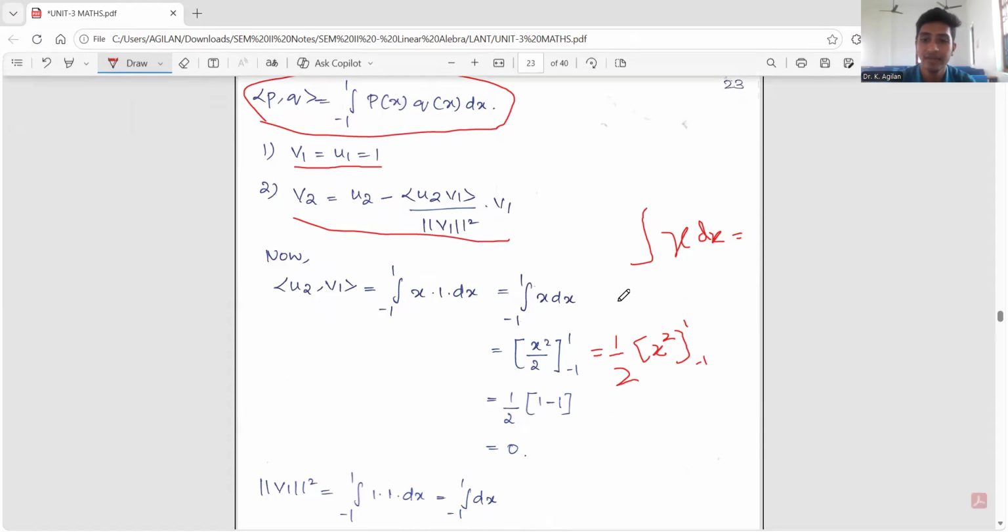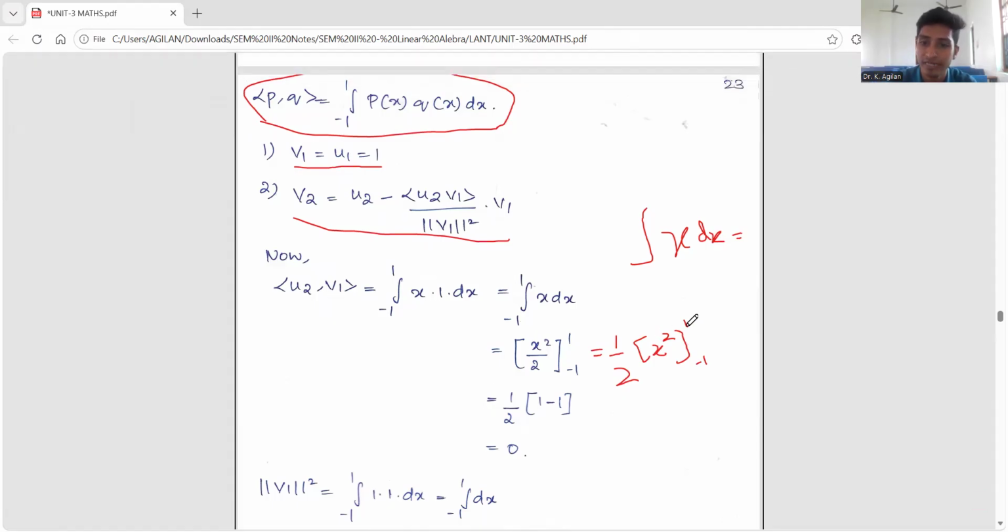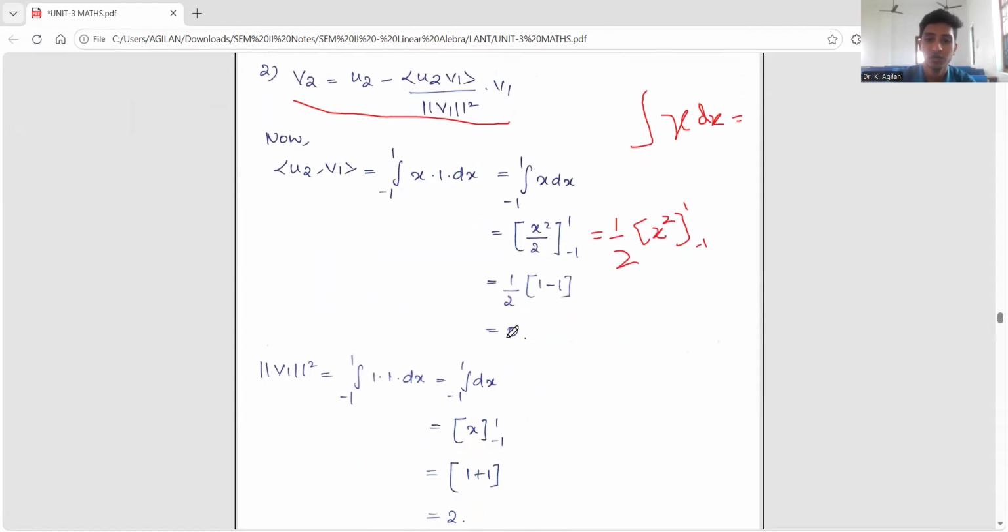Substitute the upper limit: 1 squared equals 1. Minus the lower limit: minus of (-1) whole squared equals plus 1. So 1 minus 1 equals 0. So the answer will be 0.